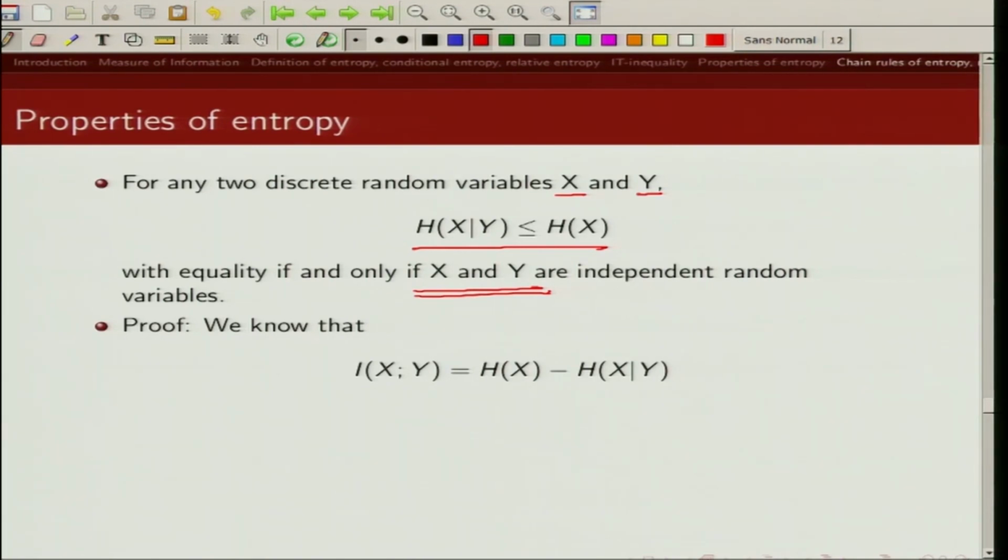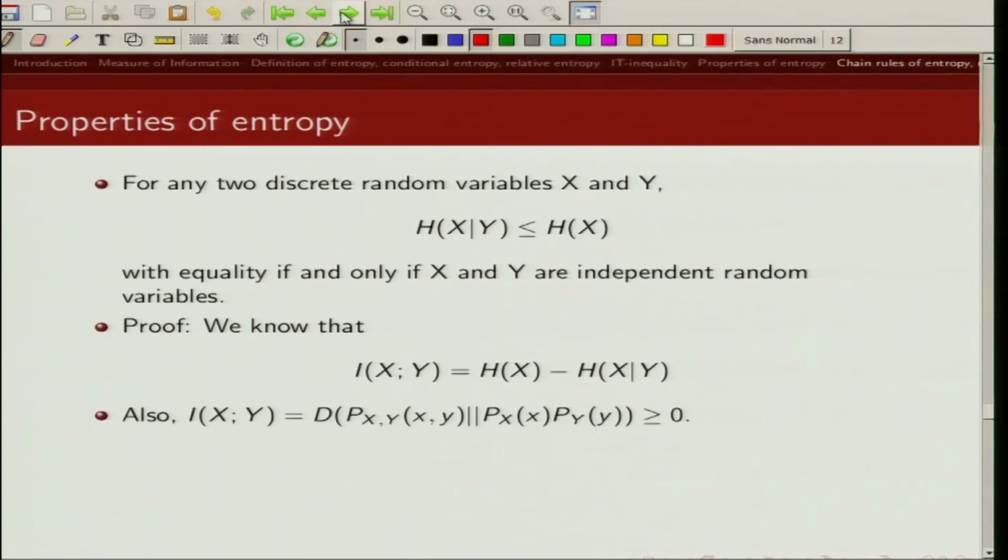So how do we prove this result? There are a number of ways you can prove it. Now mutual information can be written like this: uncertainty in x minus uncertainty in x given y. We also know that mutual information is nothing but the relative entropy or divergence between the joint distribution of x and y and the product of the marginals p of x and p of y.